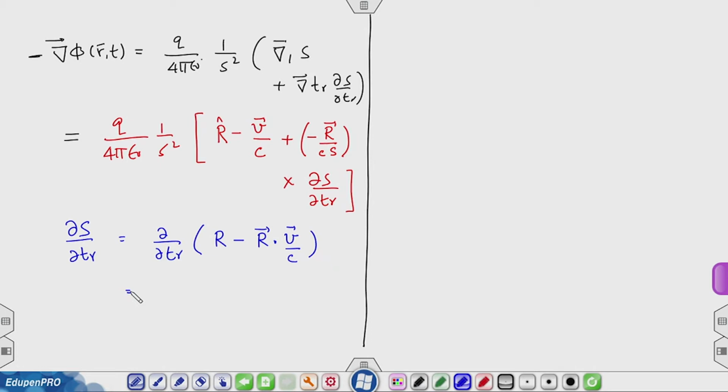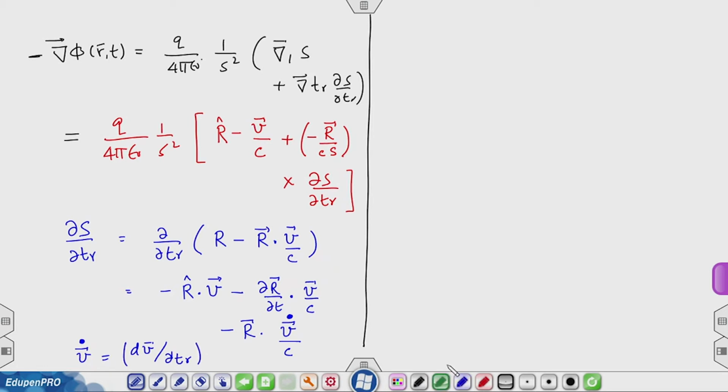dr by dtr we have already calculated to be minus r unit vector dot v. Minus, I have dr by dt dot v over c, minus r dot v dot over c, where v dot is equal to dv by dtr.